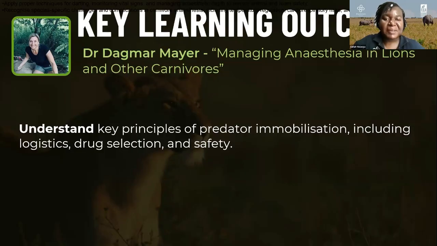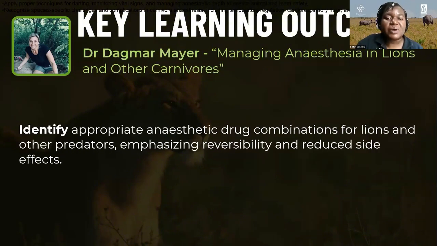Before I hand the screen over to you, I would like to go through the key learning outcomes. Dr. Dagmar will talk to us about managing anesthesia in lions and other carnivores. By the end of her talk, you should be able to understand the key principles of predator immobilization, including logistics, drug selection, and safety. Secondly, you should be able to identify appropriate anesthetic drug combinations for lions and other predators, emphasizing reversibility and reduced side effects.